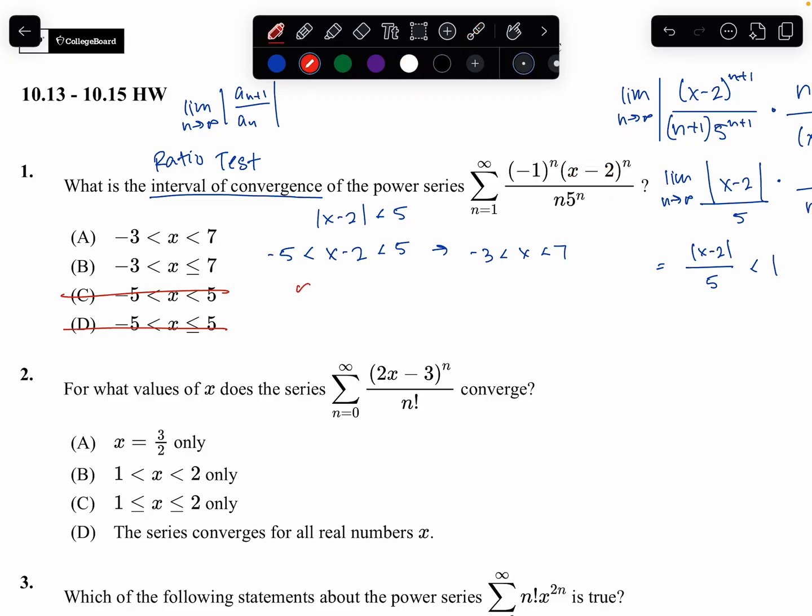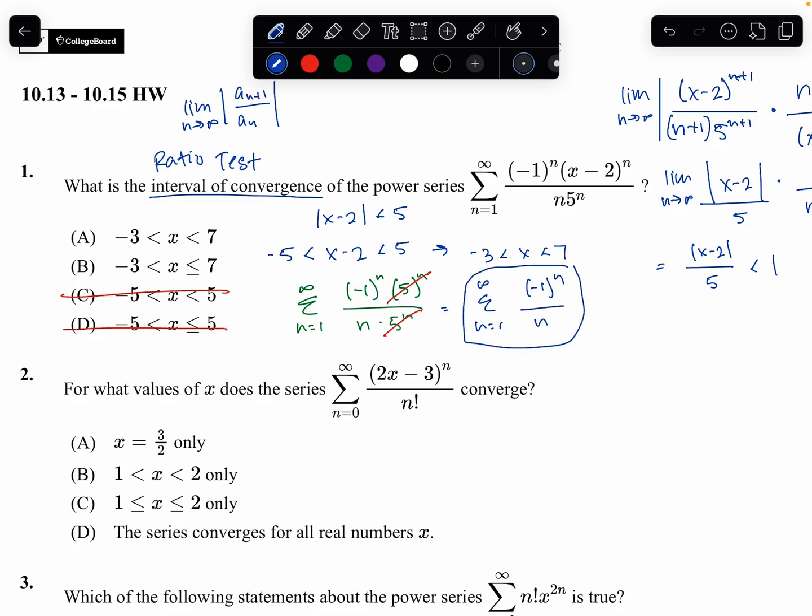So the resulting series is going to be negative 1 to the n times 5 to the n over n times 5 to the n. And I can simplify this expression, 5 to the n over 5 to the n, and that's going to be equal to negative 1 to the n over n.